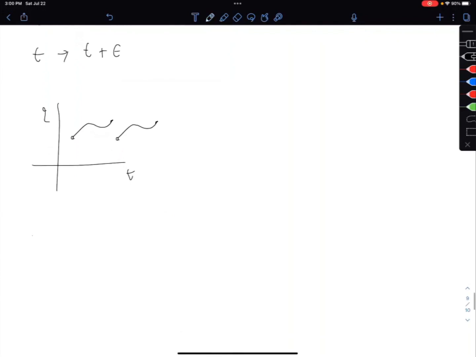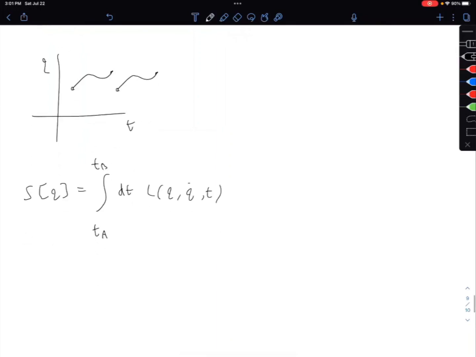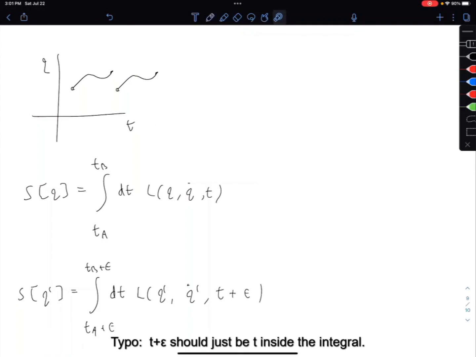Notice that in this example, the action of this path, S of Q, would be the integral from TA to TB of dt L of Q, Q dot, T, but S of Q prime would be the integral from TA plus epsilon to TB plus epsilon of dt L of Q prime, Q prime dot, T plus epsilon, because that would be what you would get if you stick this trajectory into the same action.